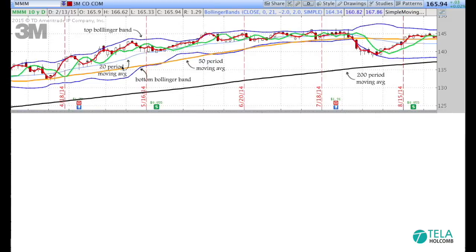Now, let's see here, about here on the chart, the candles run into the 50 period line. As you can see, they kind of just ran through the 20 and then they came to the 50, and the 50 was a little tougher than the 20 was to break through.